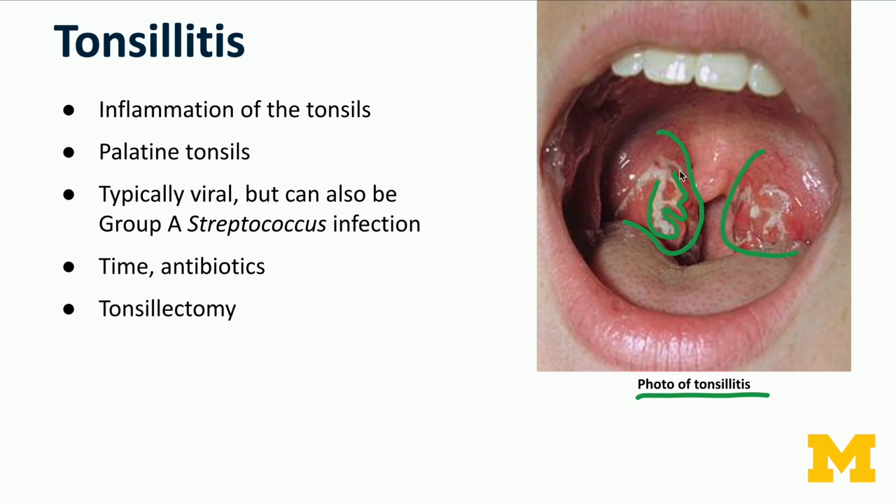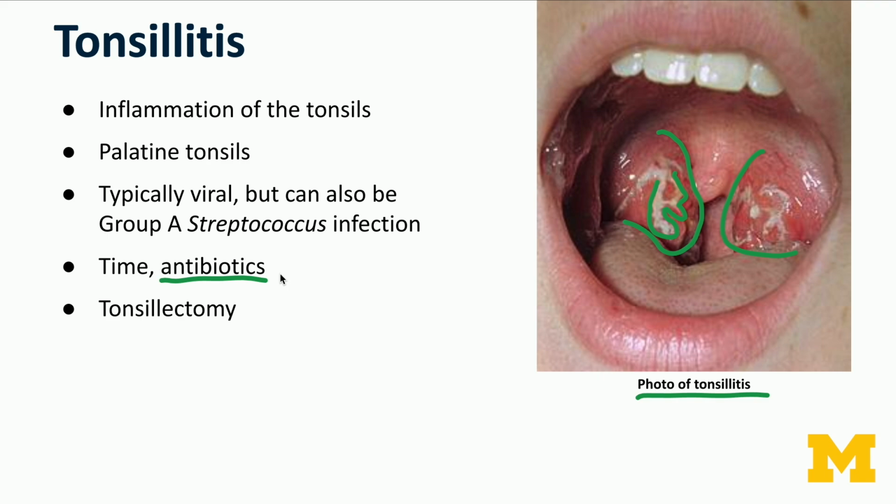There are a number of different etiologies that can lead to tonsillitis. Typically, tonsillitis is indicative of a viral infection, but also it can come from a group A strep infection. Mostly we just give supportive therapy, so time and fluids. If it comes from a group A strep infection, antibiotics may be prescribed.